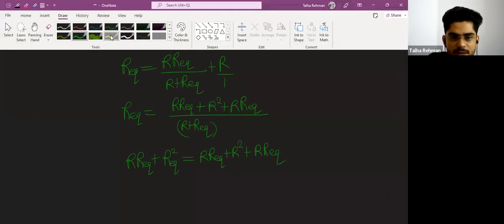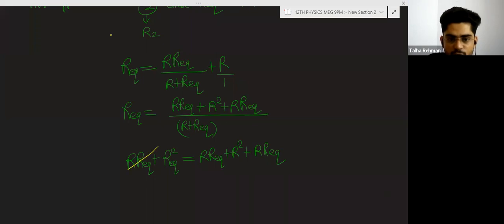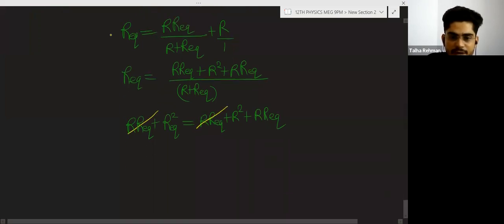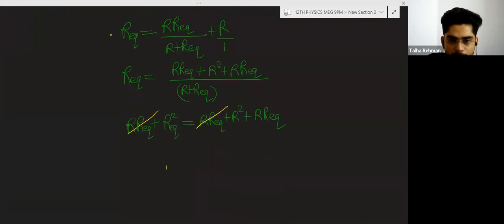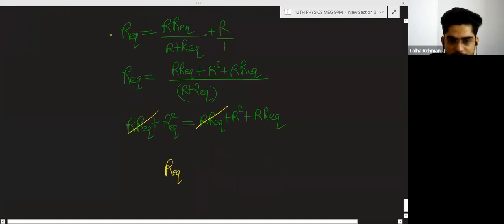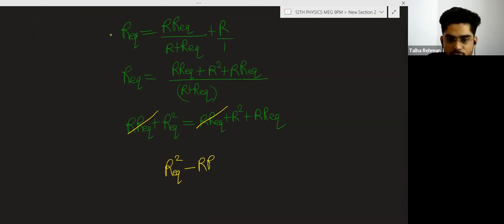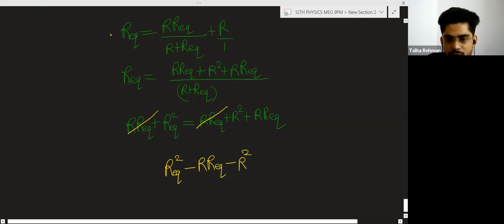Equal to R into R equivalent, R square, and R into R equivalent. Now Hamza, this R into R equivalent will cancel out. So you can write R equivalent square minus R into R equivalent minus R square equal to 0.